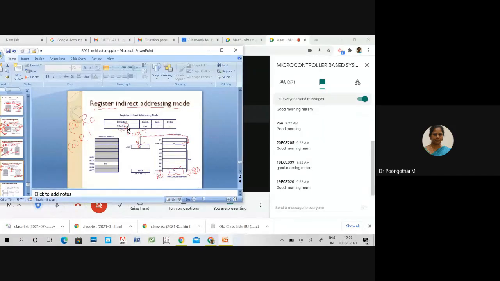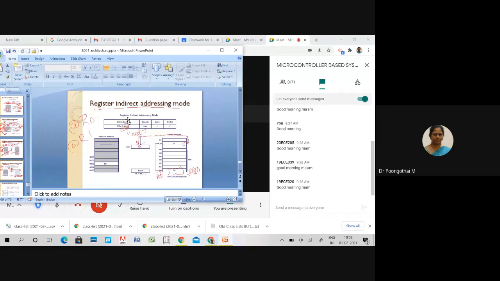According to this instruction, your R0 is configured as a memory pointer. So how do you differentiate a memory pointer from a normal register? By using this @ symbol. When @ is present, R0 is configured as a memory pointer.